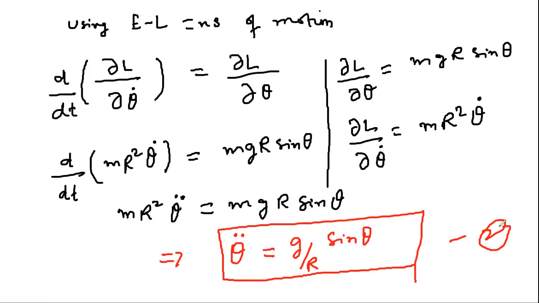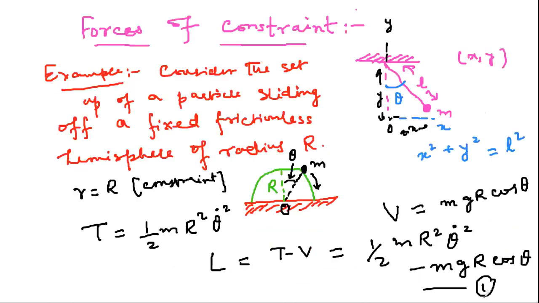So this equation gives me how this mass is going to move along this fixed frictionless hemisphere of radius capital R, which is constrained so that its radial distance small r from O is always capital R, being the radius of the hemisphere. So we have found the equation of motion, but we don't know about the form of the force of constraint.